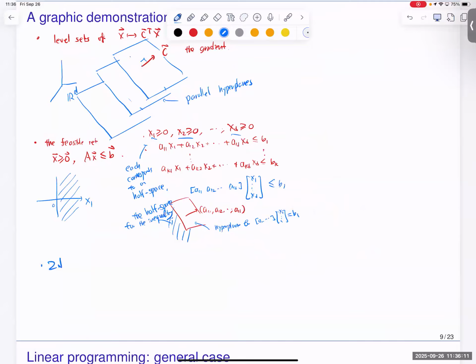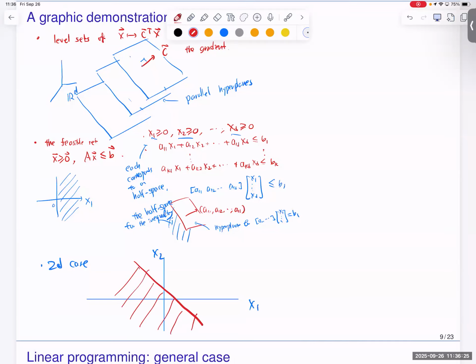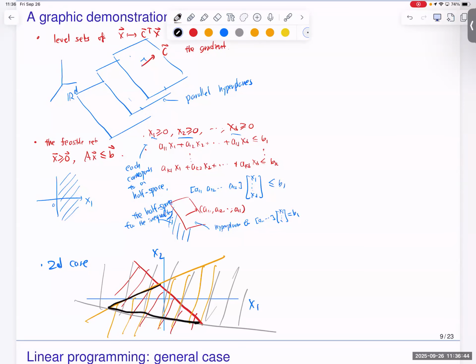Okay, so in 2D case, you may have some half space like this, and some other half space like that, and you have some half space like this. And for example, if you have these 3 half spaces, then your intersection should be something like this.